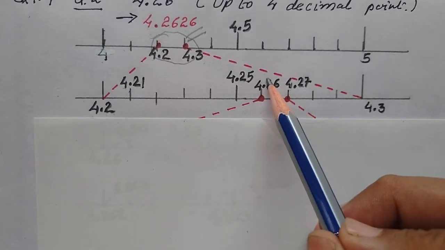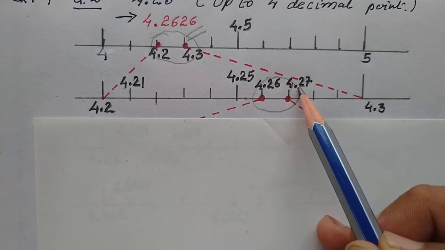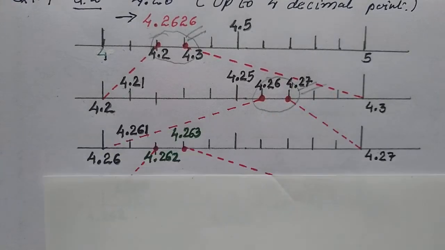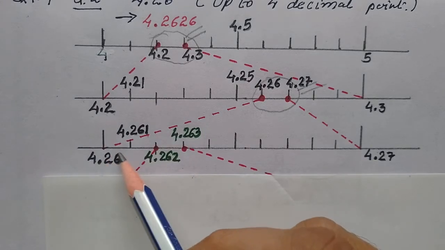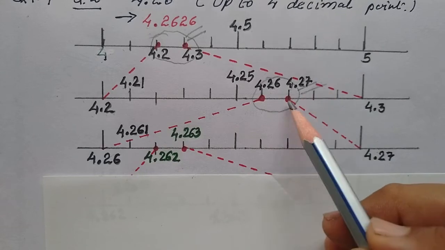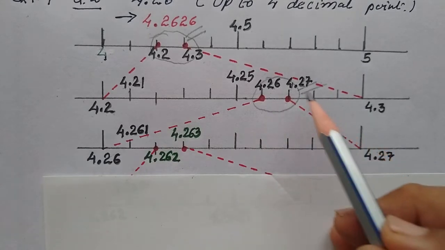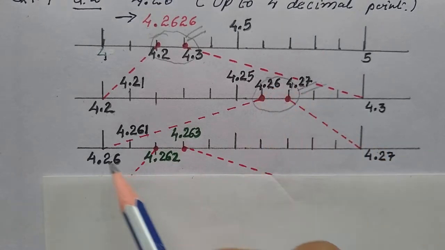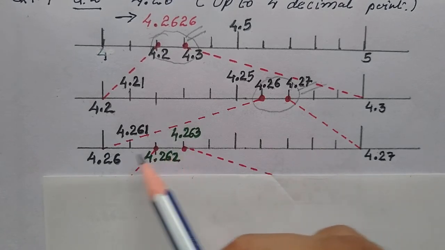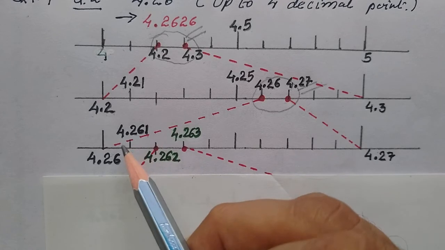Here we will put our magnifying glass, we will magnify this portion, and we get this situation, children. Okay, 4.26, this point is here, and 4.27 it is here. Now we have magnified this portion, so we can see this type of picture. In that we have 10 equal parts, 1, 2, 3, 4. Now children, come here.